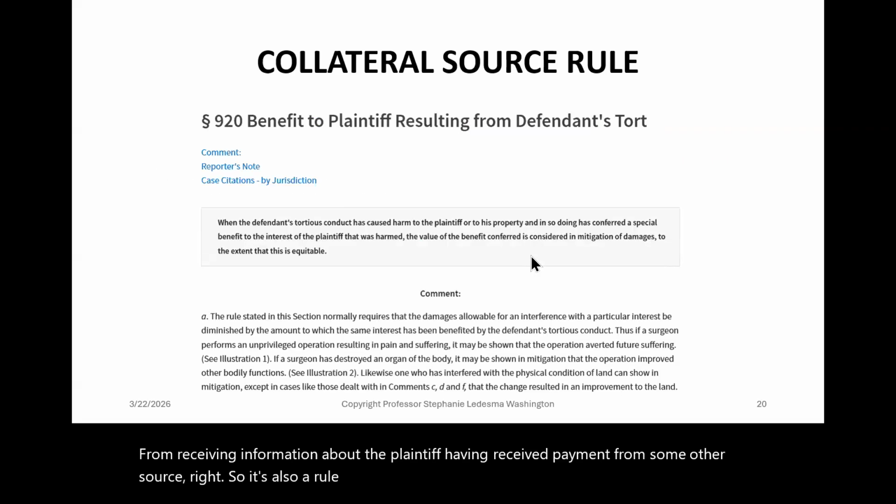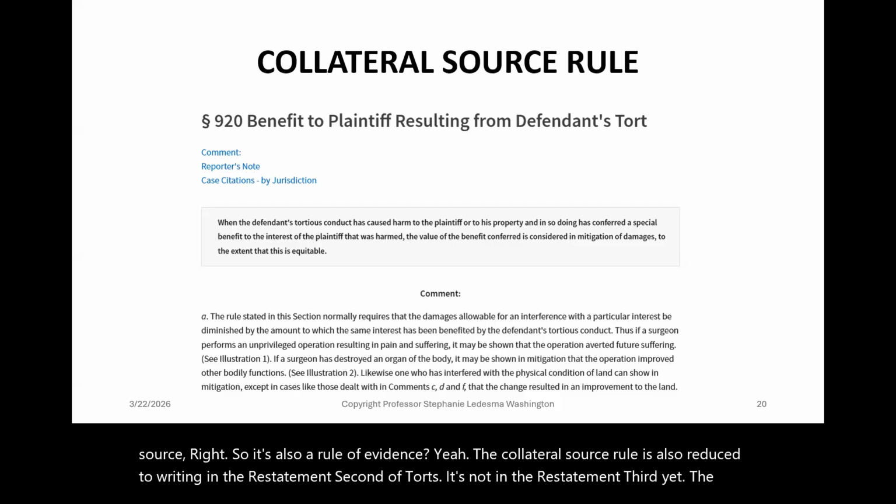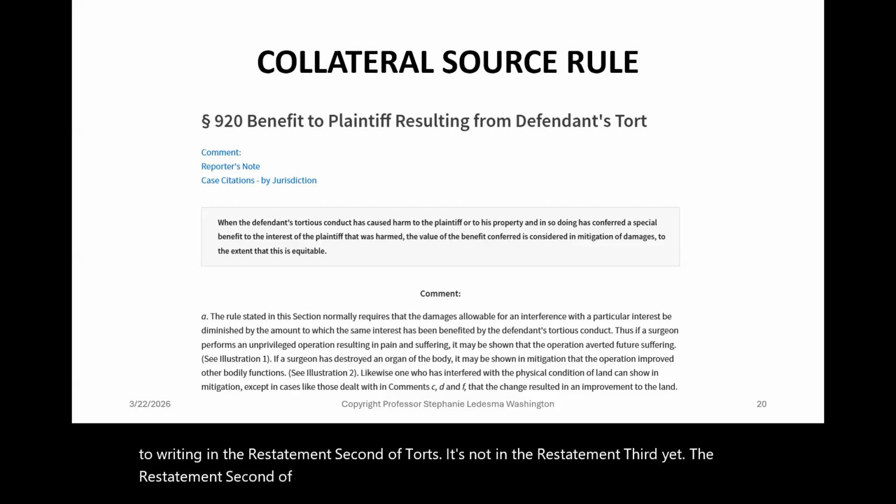The collateral source rule is also reduced to writing in the Restatement Second of Torts. It's not in the Restatement Third yet. The Restatement Second of Torts, section 920, which is the benefit to the plaintiff resulting from the defendant's tort.